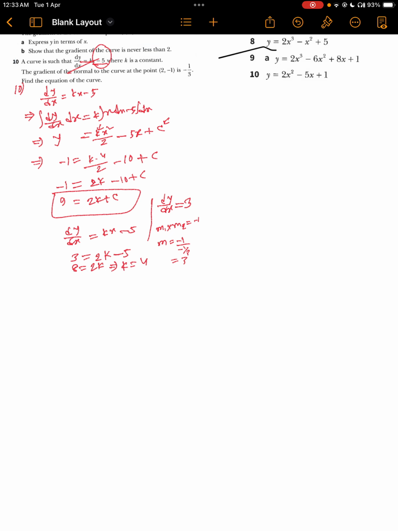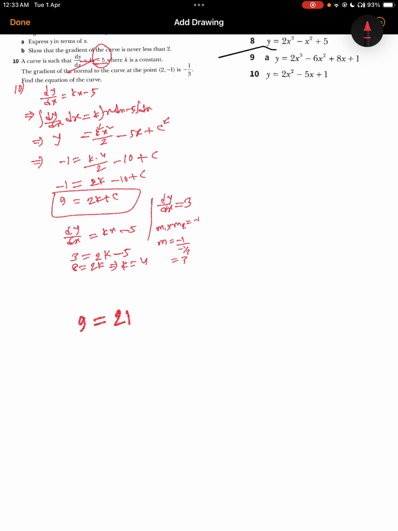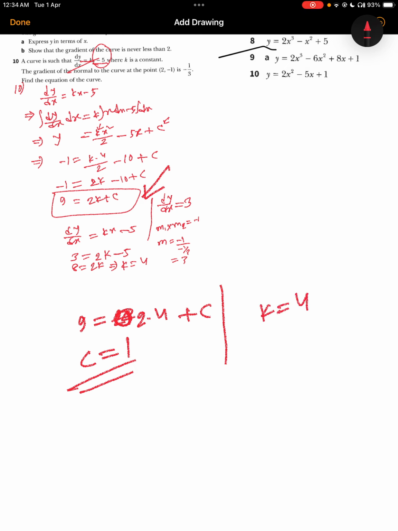So if k is equal to 4, then 9 = 2 times 4 plus c, putting it in this equation. So c value is 1. We got k is equal to 4 and c is equal to 1.